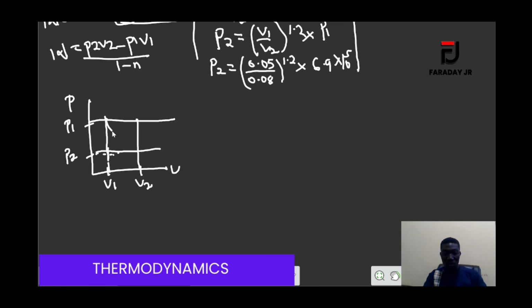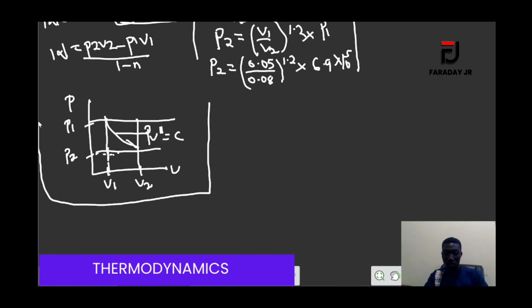Then from here to here we have the curve. So this becomes our PV^n equal to C curve. So this is typically how you're going to get it.